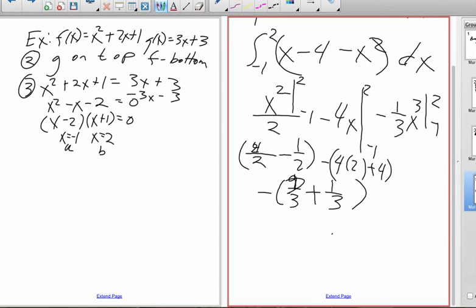And when I add all these up, 4 halves minus 1 half is going to give me 3 halves.